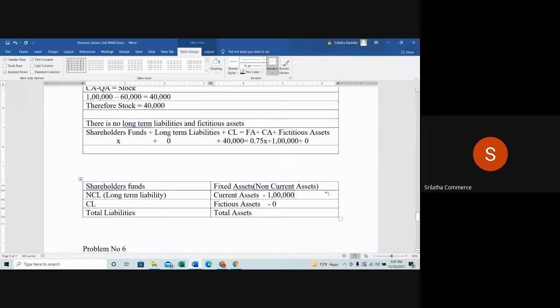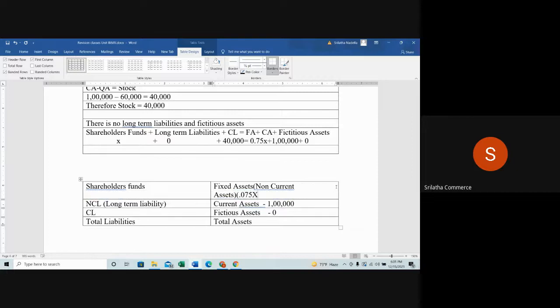Fixed assets, as per the equation, he had given 0.75. If your fixed assets are 0.75, your shareholders' funds will be 1. We assume shareholders' funds is x, then your fixed assets will be 0.75x.